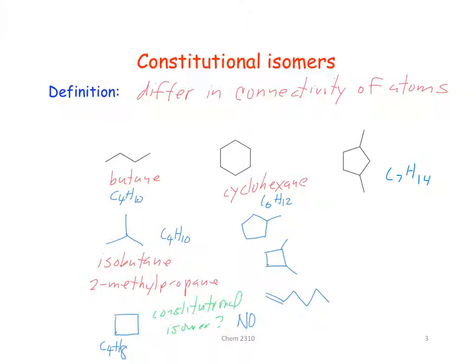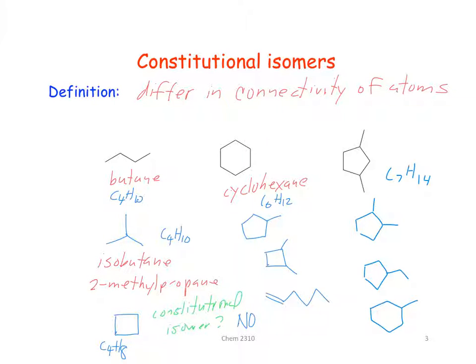We could make some different kinds of constitutional isomers here too. We could move the position of the methyl groups, put them adjacent to each other. Instead of 2 methyl groups, we could have an ethyl group. We could make a bigger ring with 1 methyl group.